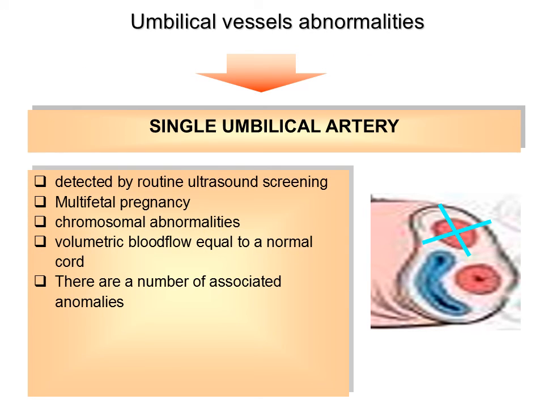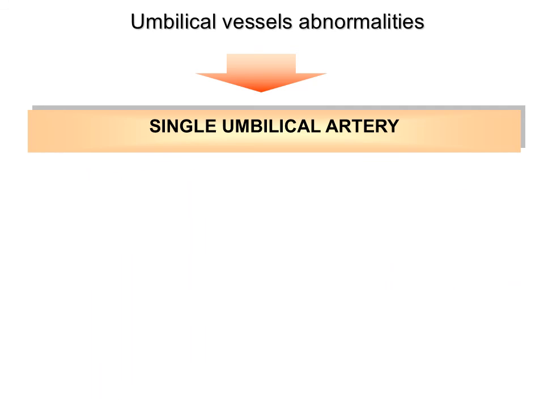Umbilical vessel abnormalities. Occasionally, the usual arrangement of two thick-walled arteries and one thin larger umbilical vein is altered. The most common aberration is that of a single umbilical artery with a cited incidence of 0.63% in live-born neonates, 1.92% with perinatal deaths, and 3% in twins.